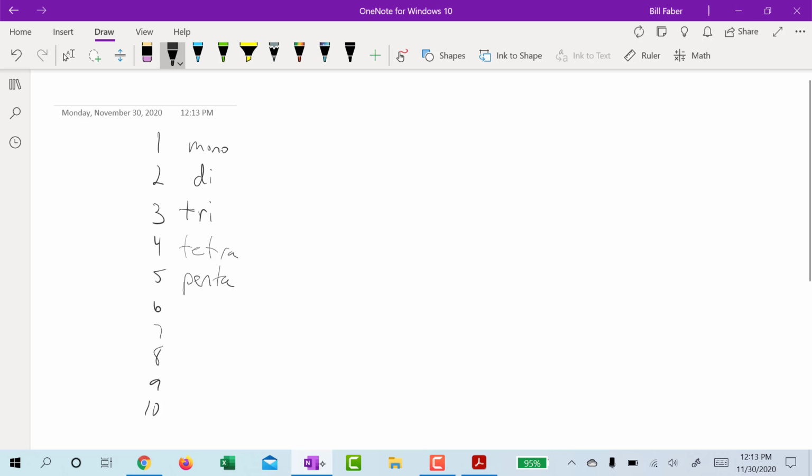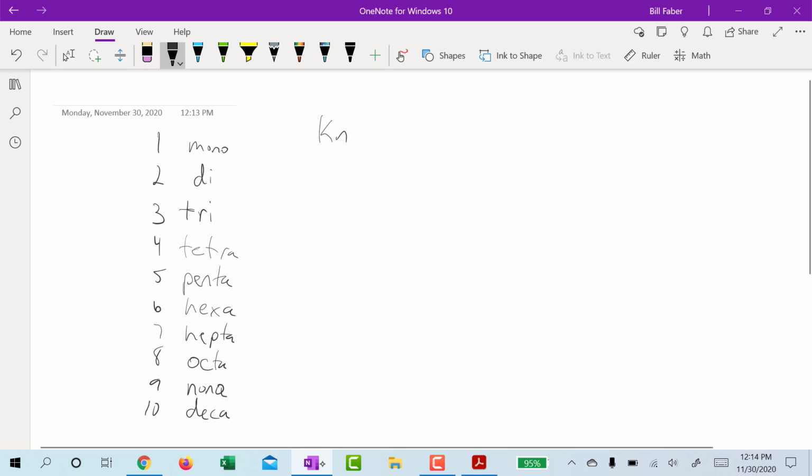Now these are a little easier. Penta, hexa, hepta, octa, nona, and deca. So these are these 10 Greek prefixes.